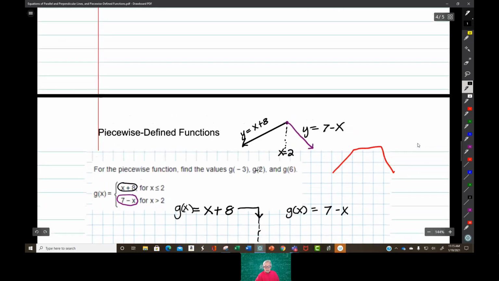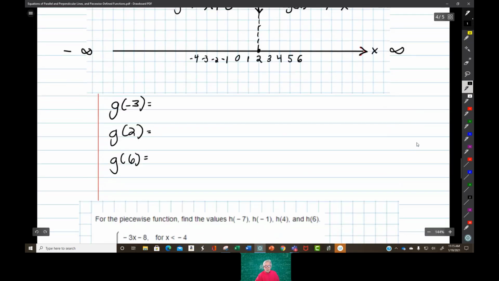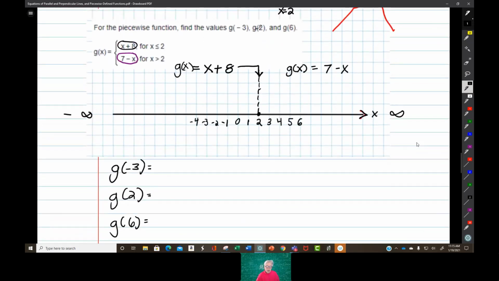Make sure that's right. Yeah, okay. So, -3 is over here on the left of 2. So to find g of -3, we have to use this function right here.